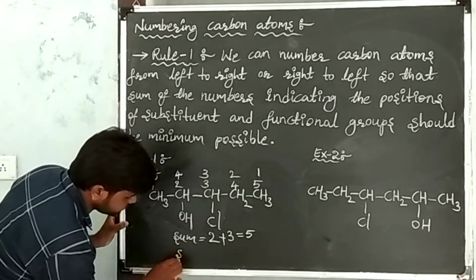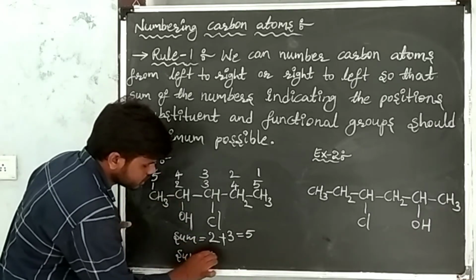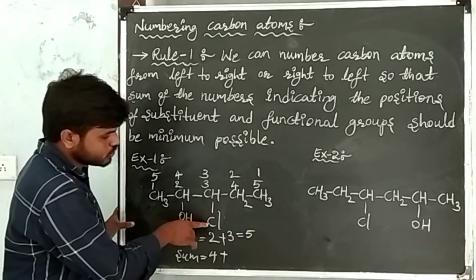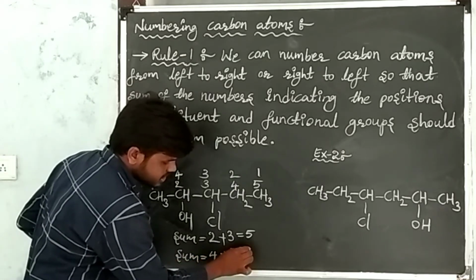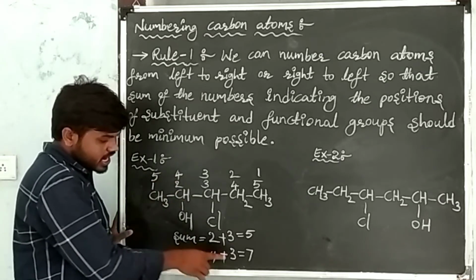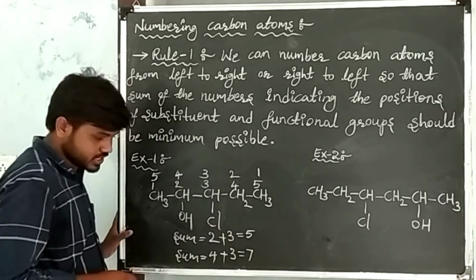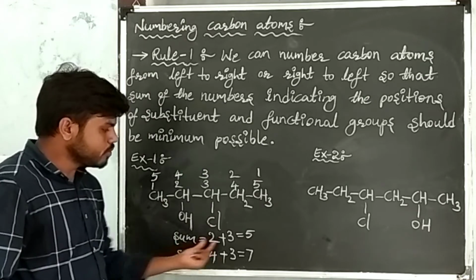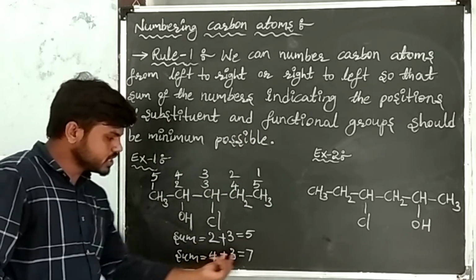I am taking the sum. The alcohol position is fourth carbon, plus the chlorine position, third carbon. 4 plus 3 is 7. So when I gave numbers from left to right, the sum I got is 5. When I gave numbers from right to left, the sum I got is 7.